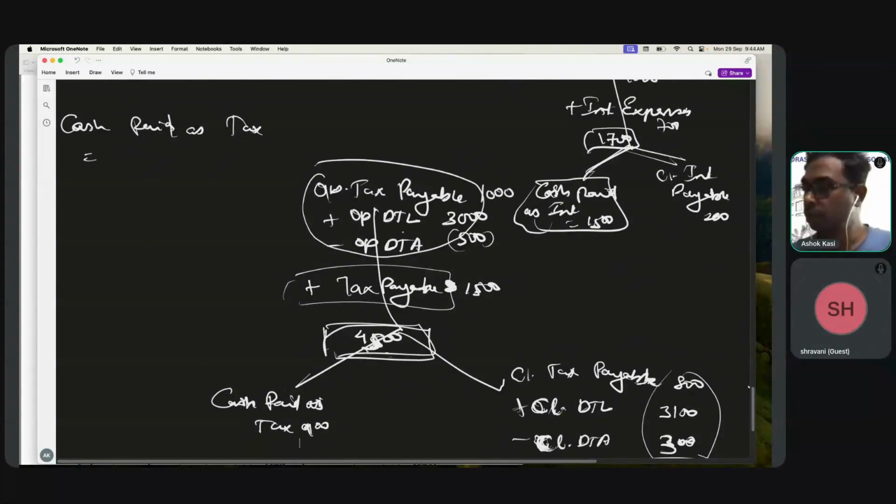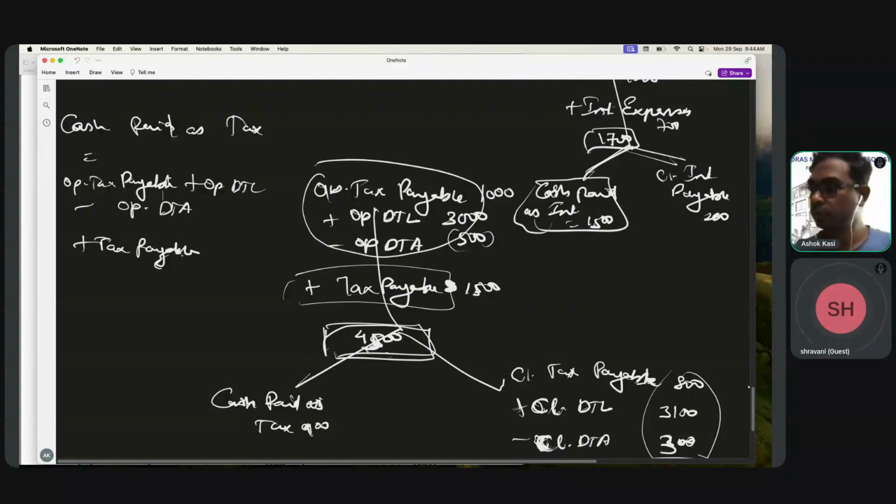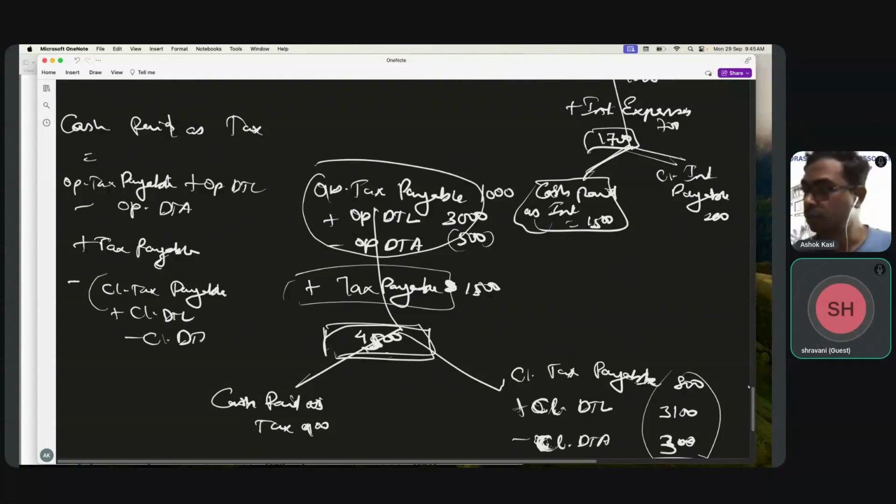It will be opening tax payable plus opening deferred tax liability minus opening deferred tax asset plus tax payable, then minus closing tax payable plus closing deferred tax liability minus closing deferred tax asset.